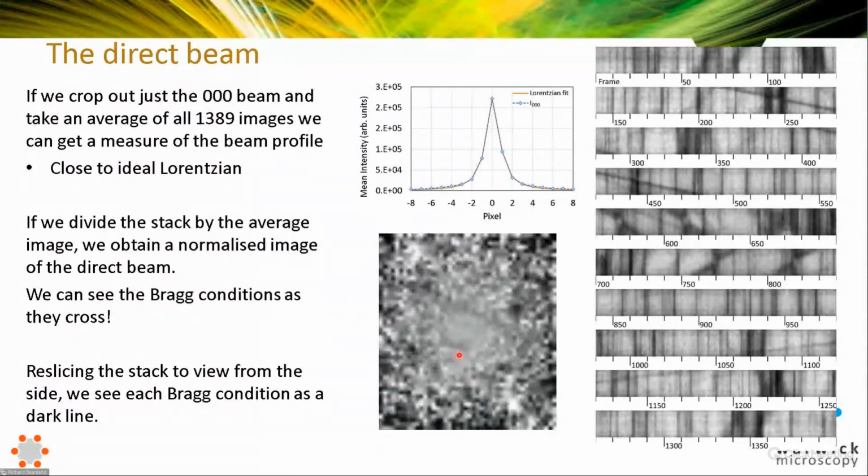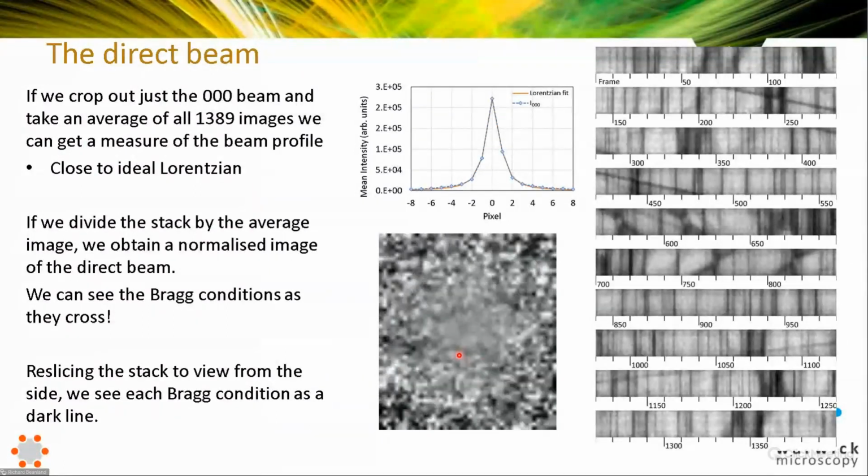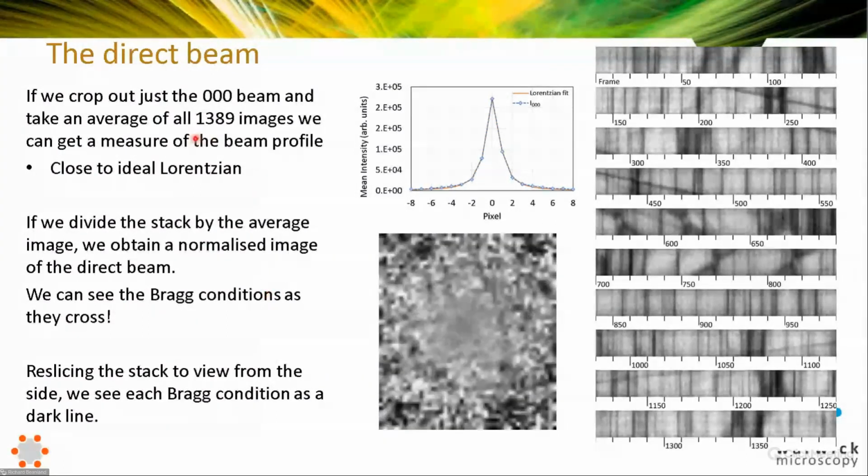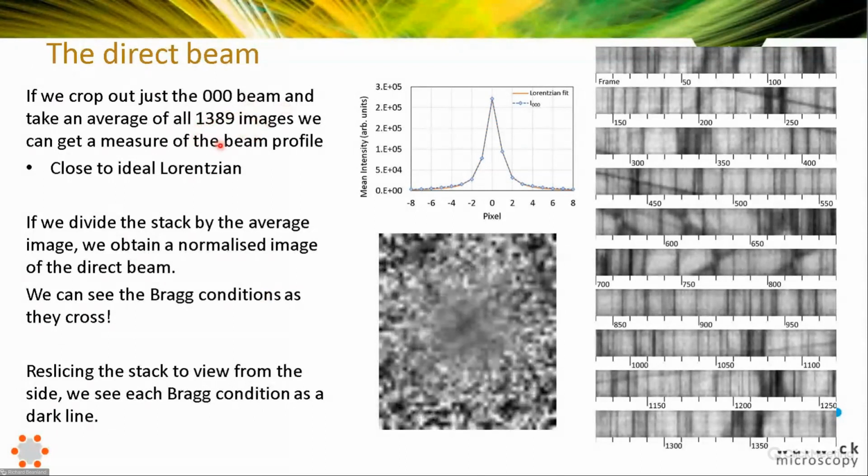And in fact, we can see that if we take, again, this stack of 1,389 images that we've normalized, and then we basically take that stack and view it from the side, then you see this. So this is your direct beam intensity as a function of frame number. And you can see every time you hit a diffraction condition, you produce a dark line.